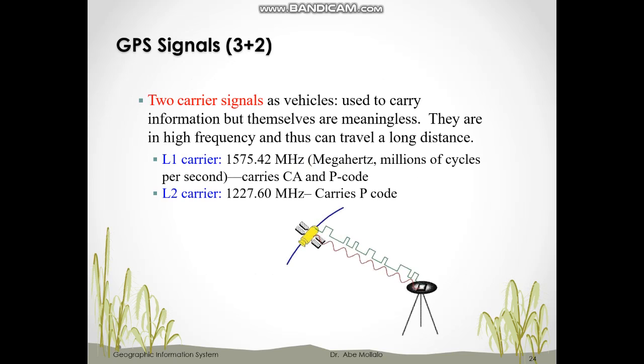These two carrier signals, called L1 and L2, are used to carry CA, P, and message codes, but themselves don't carry meaningful information. They are in high frequency or high energy, which means they can travel a long distance from satellite to the Earth's ground. The L1 carrier is used to carry CA and P, but the L2 carrier only carries the P code.